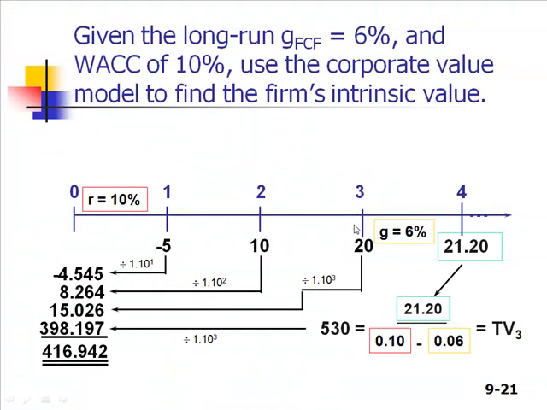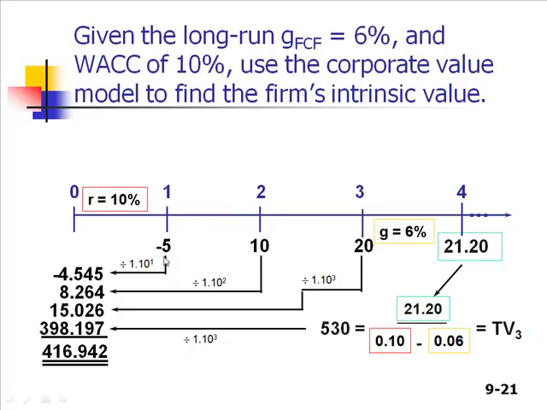I do want to go back and show you a more complex example here, this one involving non-constant growth. So this is a separate example where in the first year we're expecting, and these numbers are in millions, free cash flow of negative 5 million, in year 2 positive 10 million, in year 3 positive 20 million. So there's no certain percentage growth rate in that set of cash flows.